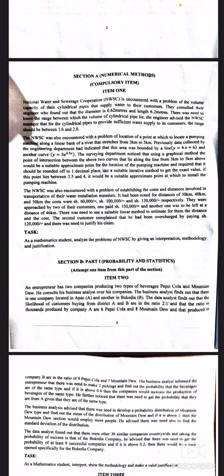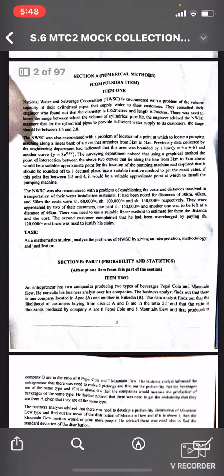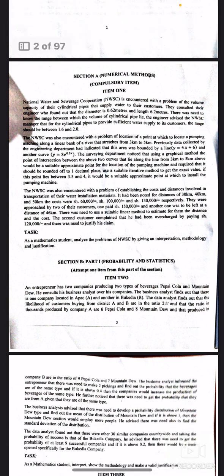And then B, pumping machines. The other problem there is the pumping machines location on a river bank from 3 kilometers to 5 kilometers, bounded by the line y = 4x + 6 and the curve y = 3e^(0.5x).